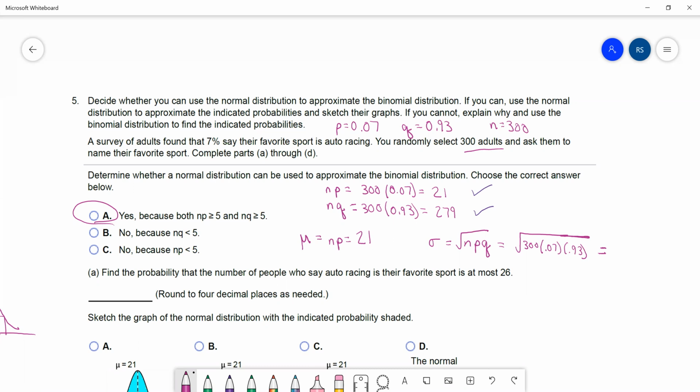So if I do the math here, we're going to get 4.41928.